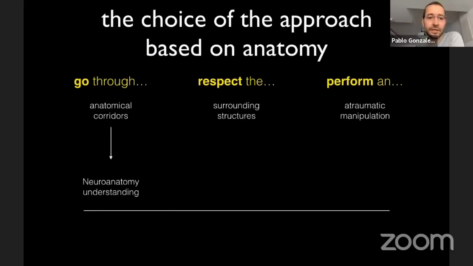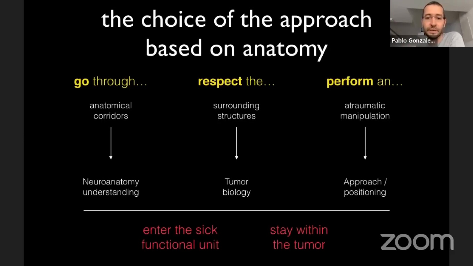How we go through anatomical corridors safely, with neuroanatomy, is the key. How we respect the surrounding structures is by understanding the tumor biology, how the tumor is growing and how it's being fed. And how we perform an atraumatic manipulation is by choosing the proper approach and positioning our patients properly.